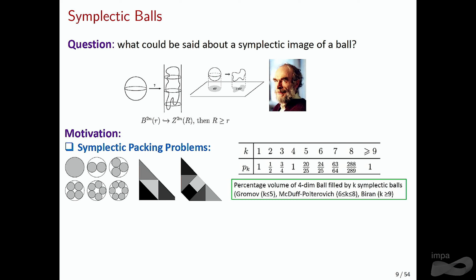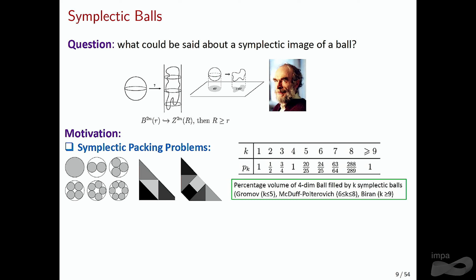Now, in the symplectic setting, the situation is very different in some sense than in the Euclidean case. On the right-hand side here, you can see a table with the percentage of the volume of the four-dimensional Euclidean ball filled by k smaller symplectic balls. You can see, for example, that starting with 9 balls, there are no more obstructions.